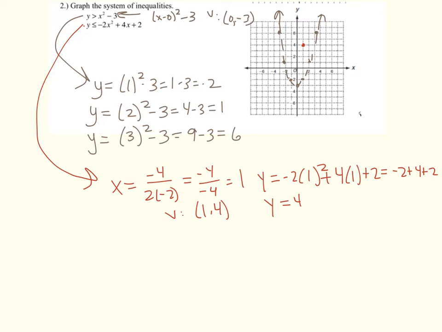The y-intercept is at 2, so I can plot that point and mirror it on the other side of the vertex. And I'll go ahead and plug in 3.